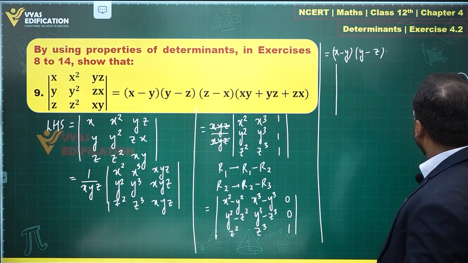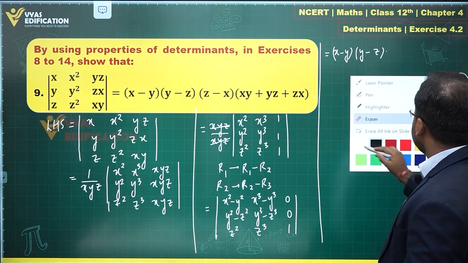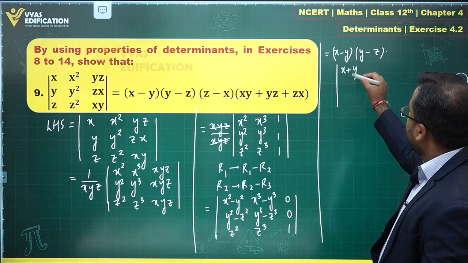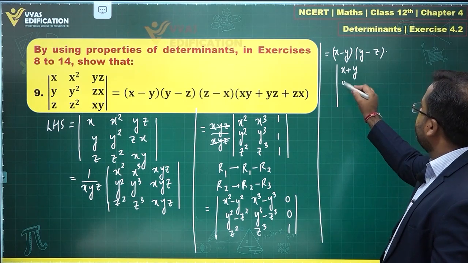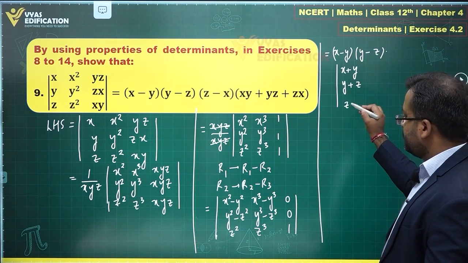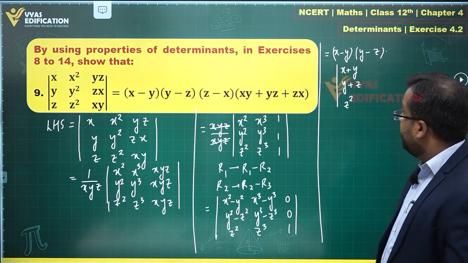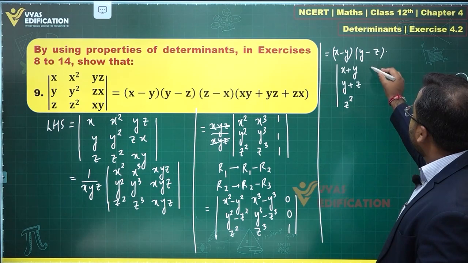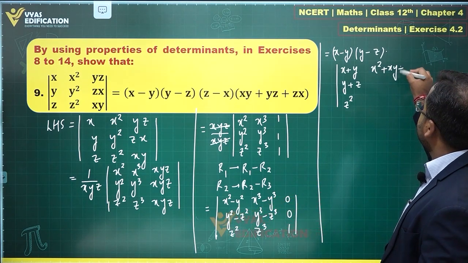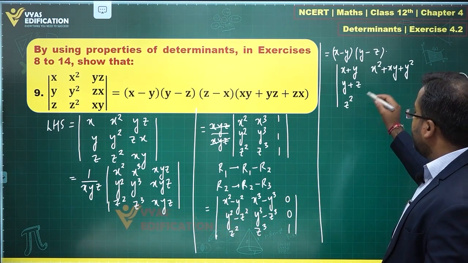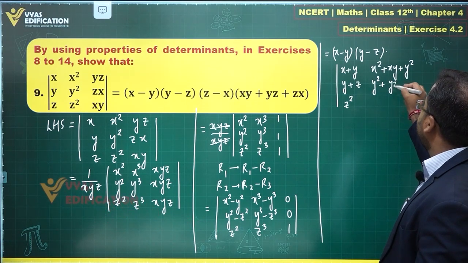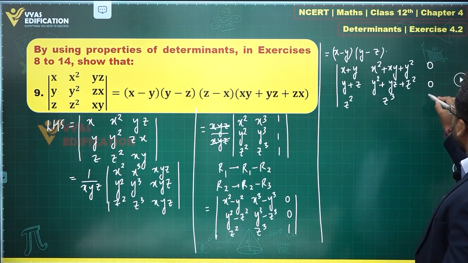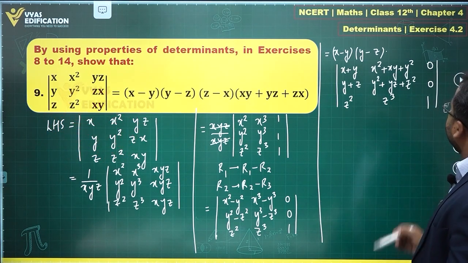Observe it carefully: x plus y will remain over here, y plus z over here, and z square remains as it is. Then, since x minus y has gone out, the remaining factor will be x square plus xy plus y square. Here you will have y square plus yz plus z square. Here you will have z power 3, 0, 0 and 1.